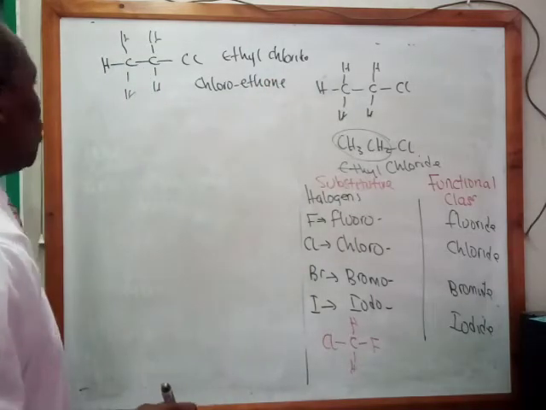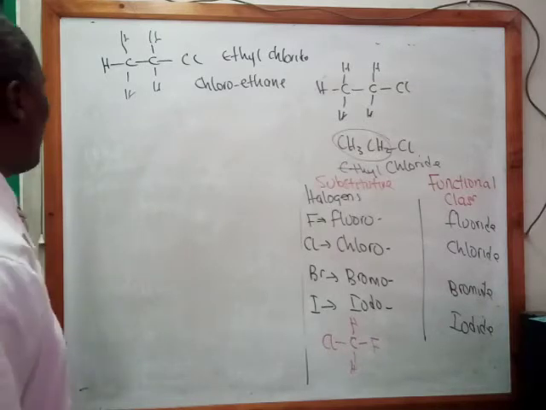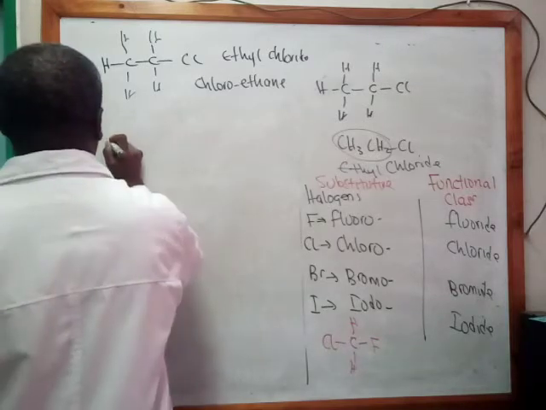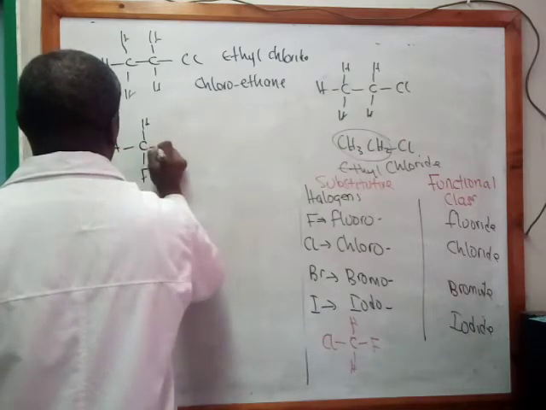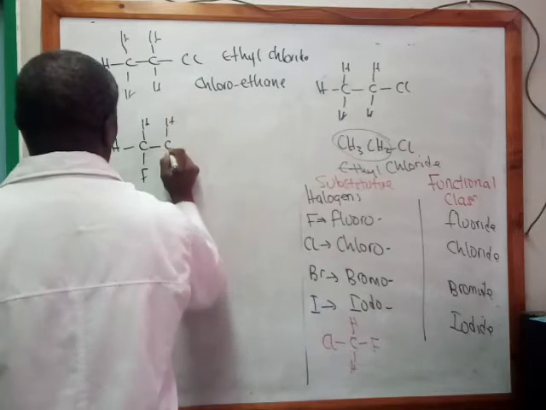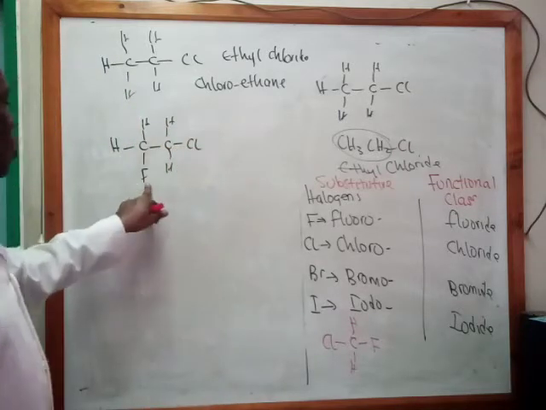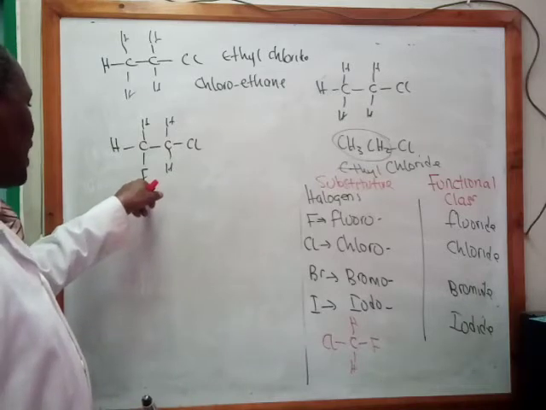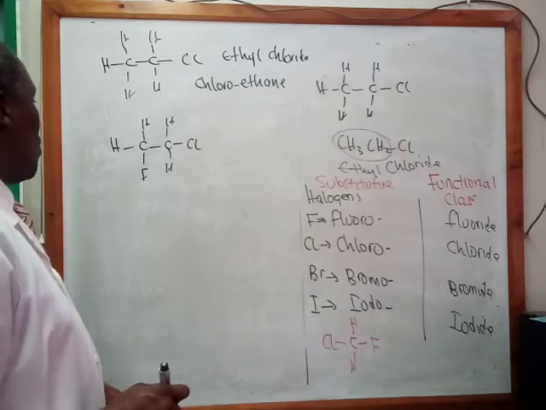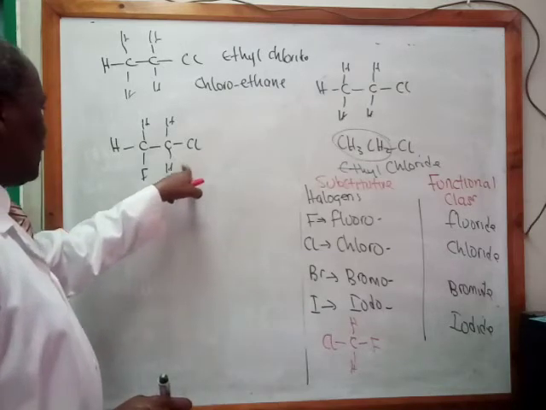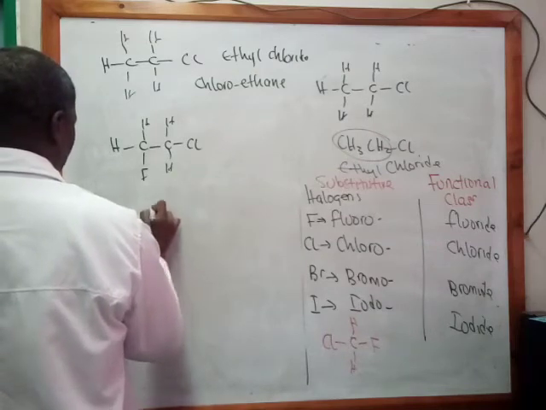Now, what if I was to have another functional group? For example, if I have this, okay, so what I've done is to add a fluorine in the structure. So I want to distinguish this structure from another isomer like this one.